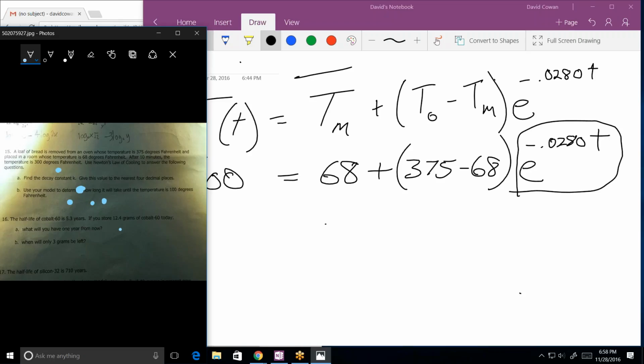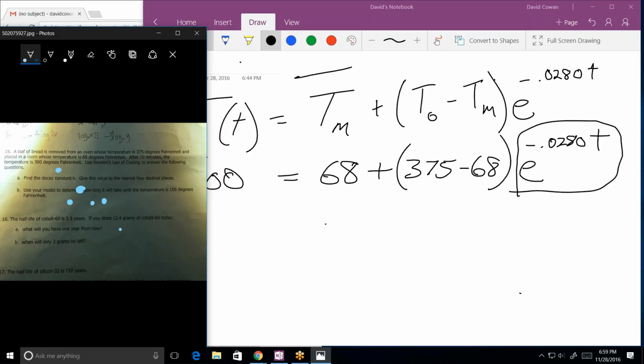It's actually a logistic function. So it's not a straight linear relationship. I can't say that because it cooled off by 75 degrees in 10 minutes, that it's going to cool off another 200 degrees in 30 more minutes. Can't say that. But you can certainly solve this.